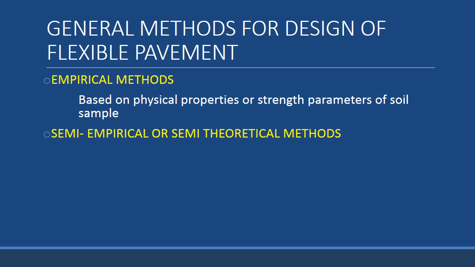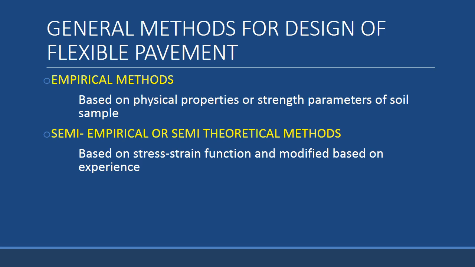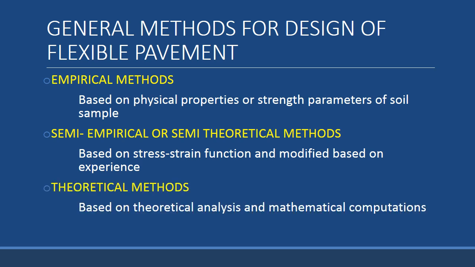The next one is the semi-empirical or semi-theoretical method, which is based on stress strain function and modified based on experience. The next method is the theoretical method, which is based on theoretical analysis and mathematical computations. These are some of the design methods used for flexible pavement design.